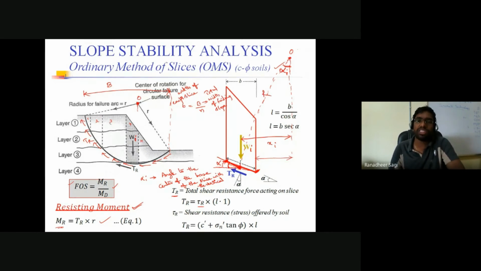What is the area on which that particular shear stress exists? If I am looking at a particular slice, the area on which that shear stress being resisted was represented is the area of the base of your failure surface, the area existing at the base of your slice. When I say base of the slice, at the base of each slice only we are representing your failure surface.